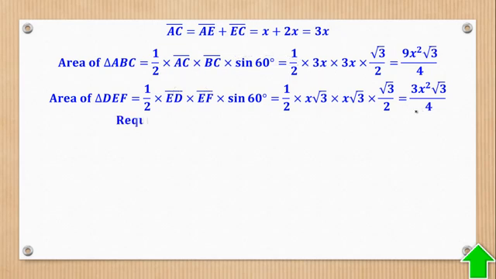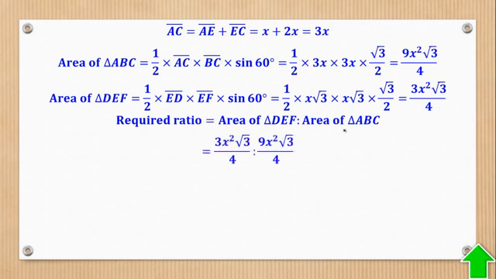Then the required ratio was this area to this area. So substitute the areas, then look at what cancels. This will cancel, this will cancel, this will cancel, and here 1, here remain with 3. So the ratio is 1 to 3.